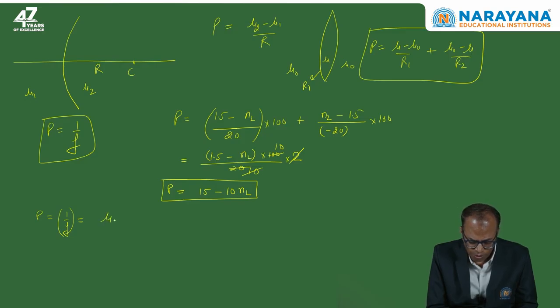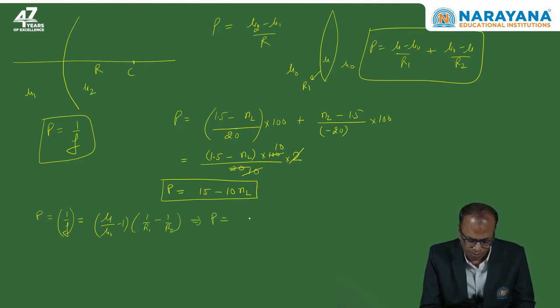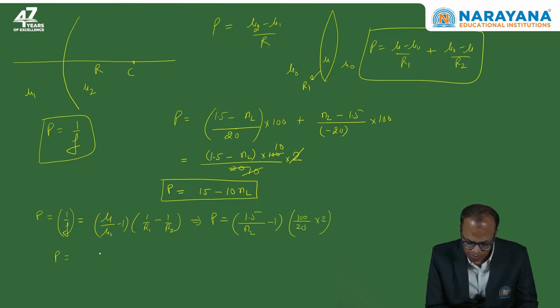So it will be mu by mu naught minus 1 times 1 over R1 minus 1 over R2, and in that case power becomes the refractive index 1.5 upon NL minus 1 times 100 by 20 into 2. That makes it power as 15 by NL minus 10.